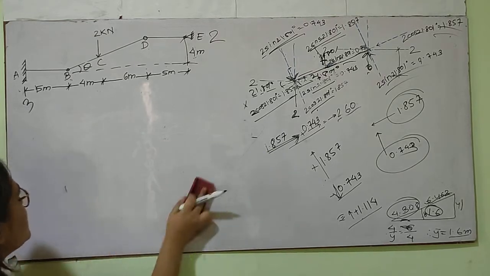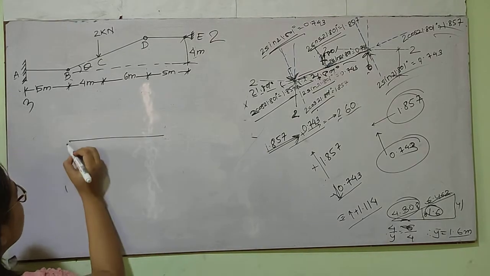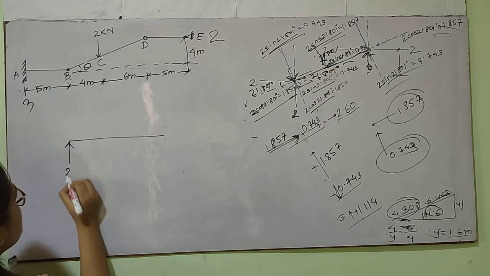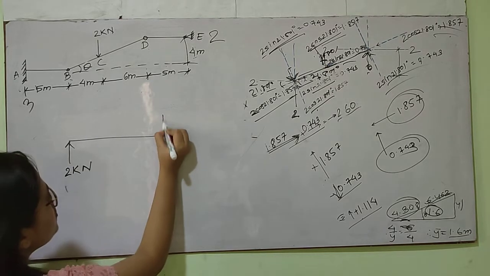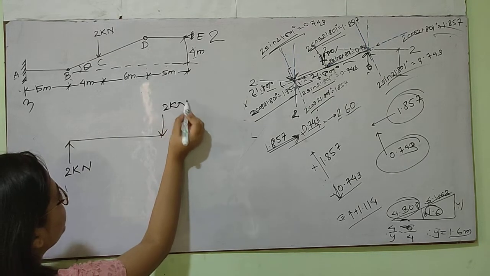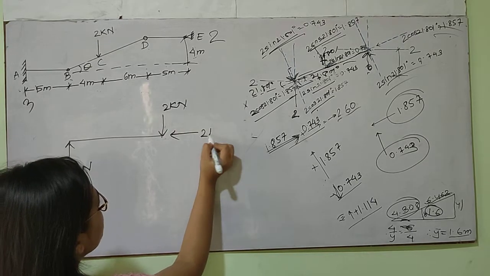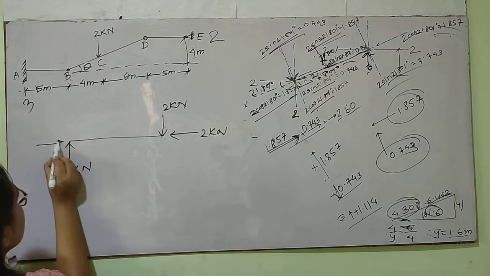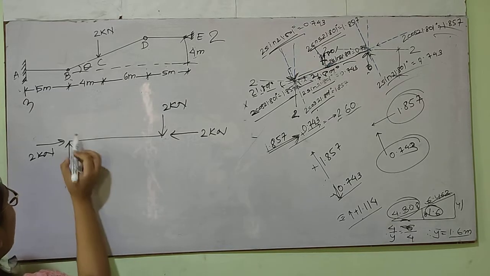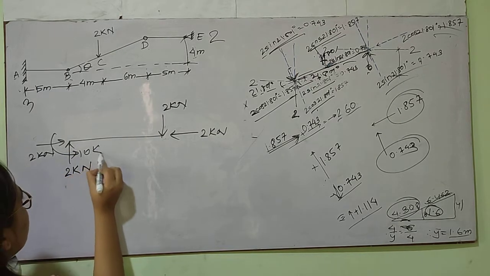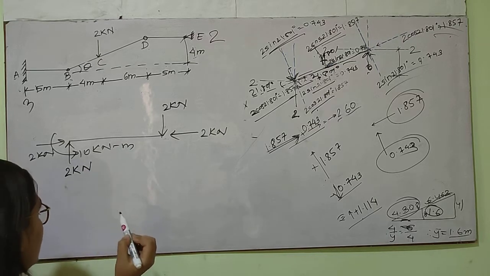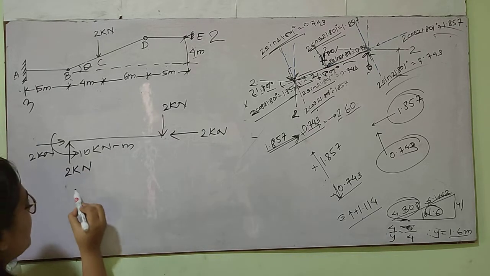Now I'm left only with the last member AB. So this AB has got 2 kilonewton load upward, 2 kilonewton load downward, and a horizontal force of 2 kilonewton here and 2 kilonewton here, and an anticlockwise moment of 10 kilonewton meter. Now drawing its axial force diagram is simple.